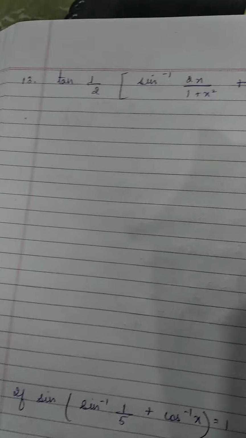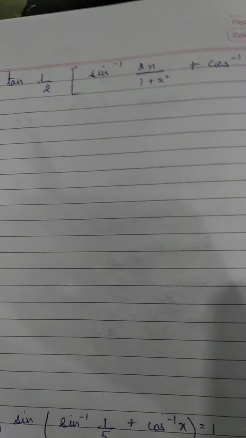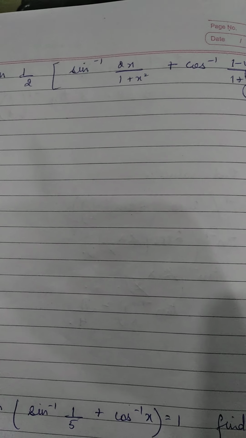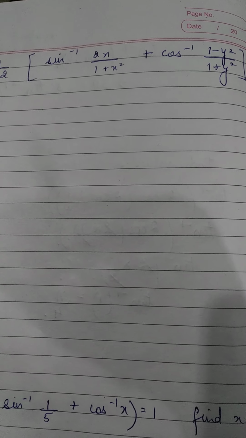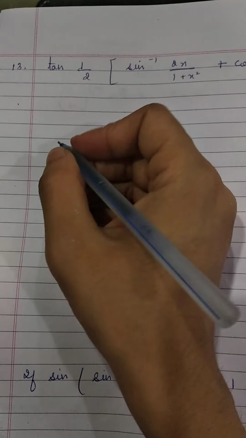Question number 13. Now tan of 1 by 2 times (sin inverse 2x upon 1 plus x square plus cos inverse 1 minus y square upon 1 plus y square).